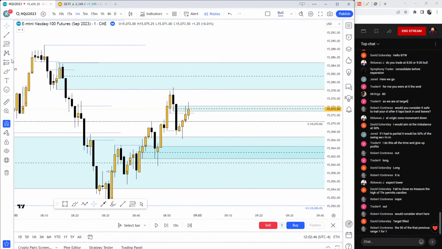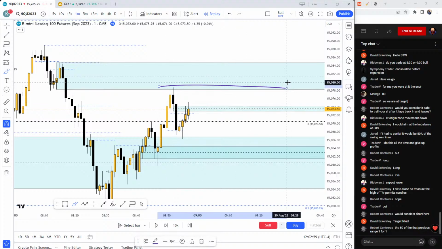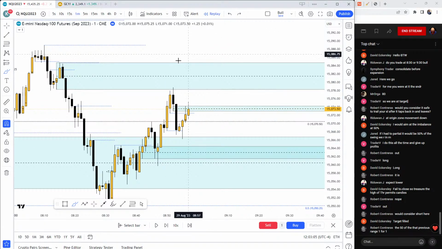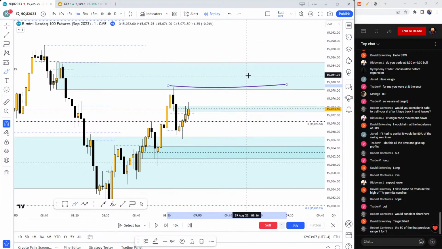For me to look short here, I would need to see some sort of a, I mean, first off, I suppose we actually took that. So this is a valid high. Closure above here would give us a 1 minute swing. Failure at this protected high would then take us lower.